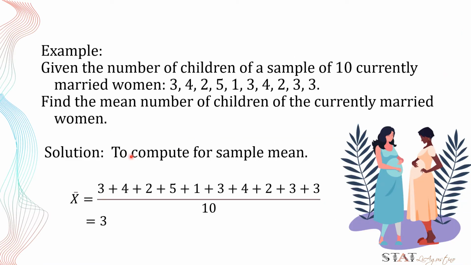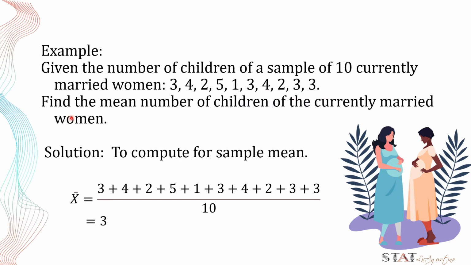For example, given the number of children of a sample, remember, a sample of 10 currently married women. Woman 1 has 3 children, the next woman has 4 children, then 2 children, then 5, then 1 child, then 3, 4, 2, 3, 3.